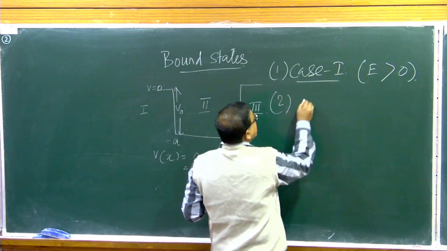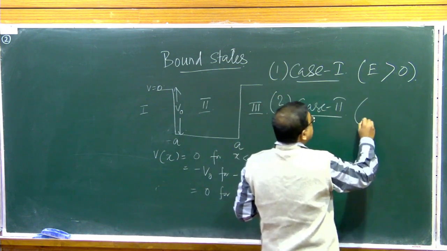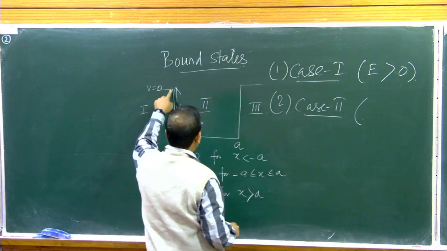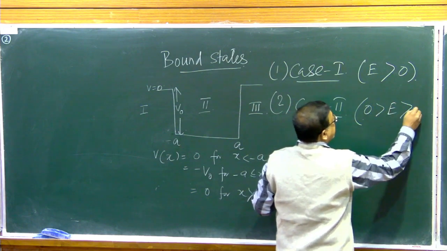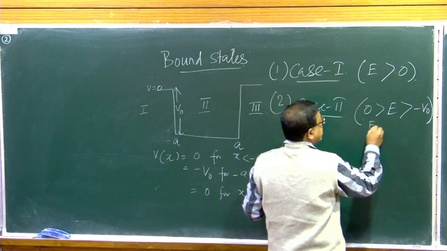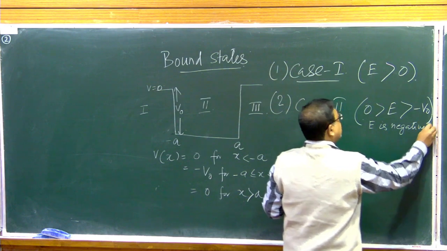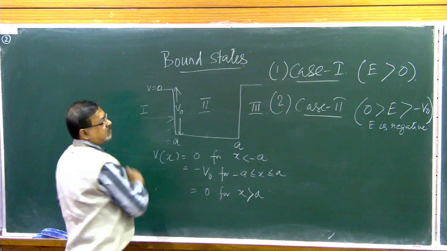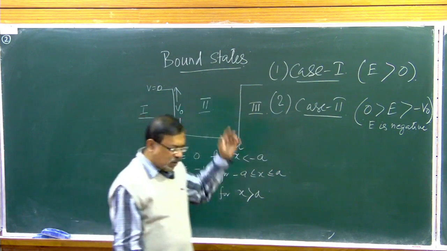In case 2, the energy lies between minus V0 and 0, so that 0 is greater than E, which is greater than minus V naught, and E is negative. So here E is negative, but it is between 0 and minus V naught. Somewhere here is what we are talking about in case 2.